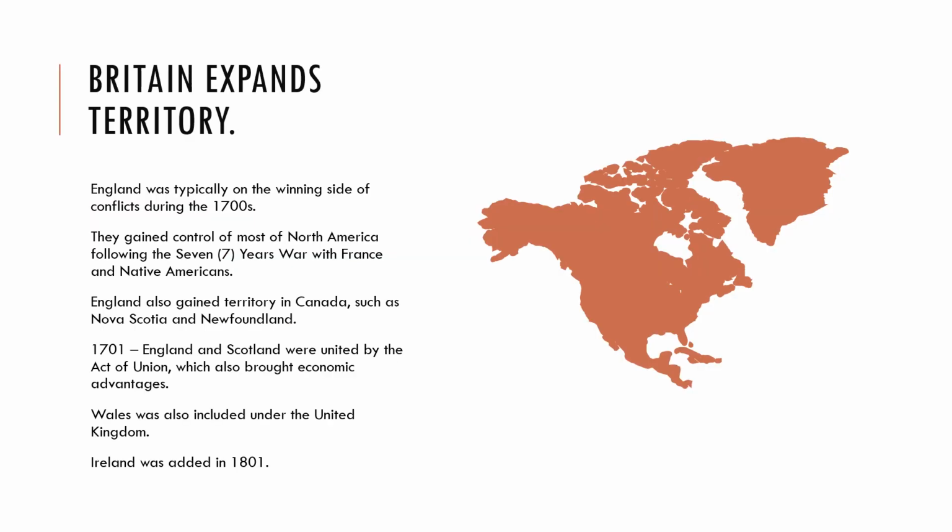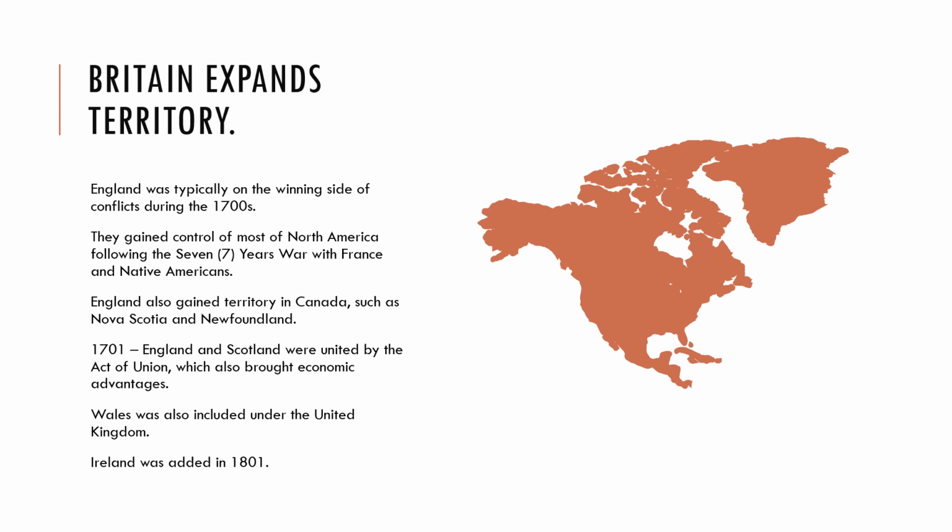Now, Britain expands territory. England was typically on the winning side of conflicts during the 1700s. For example, they gained control of most of North America following the 7 Years' War with France and Native Americans. England also gained territory in Canada, such as Nova Scotia and Newfoundland.